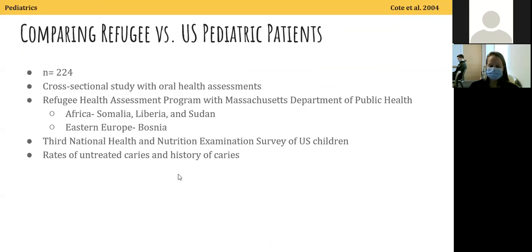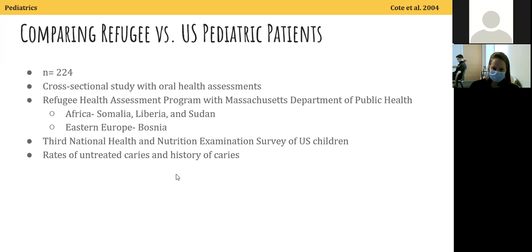Now, this study compared refugees between either region of origin, but then also compared them to US children using a large national survey. It's a little bit older. It was published in 2004 in Pediatrics, and it looked at about 200 participants that went through the refugee health program in Massachusetts.